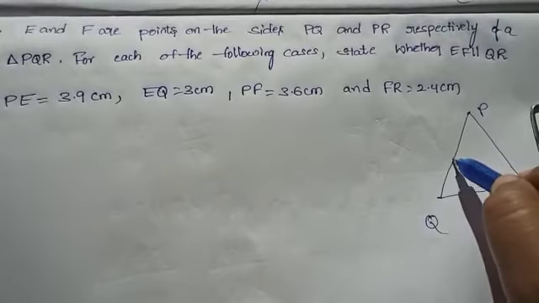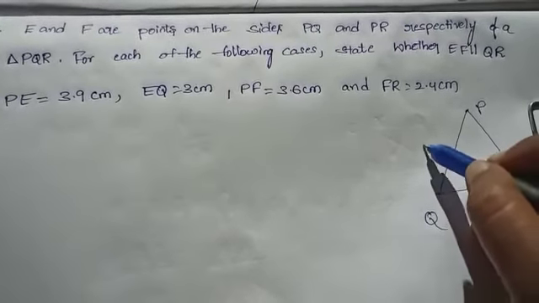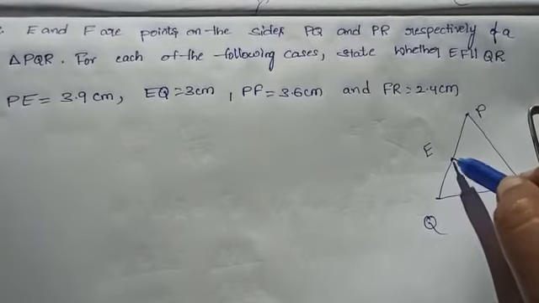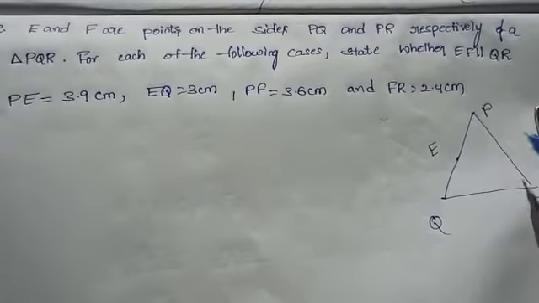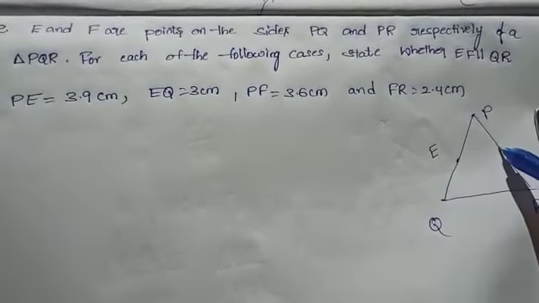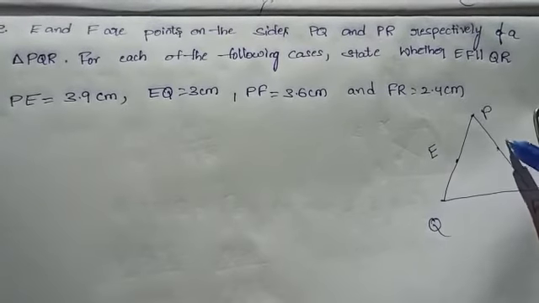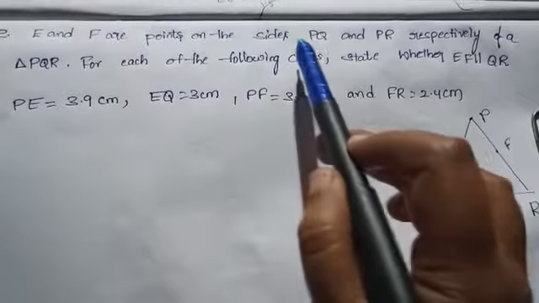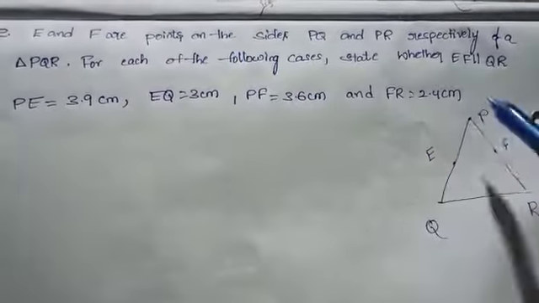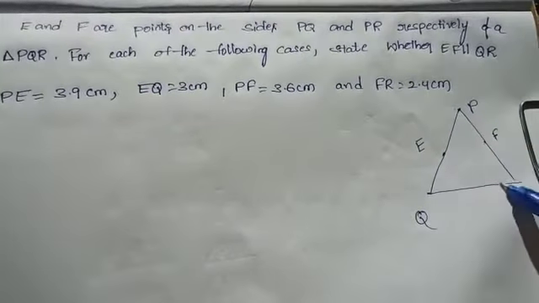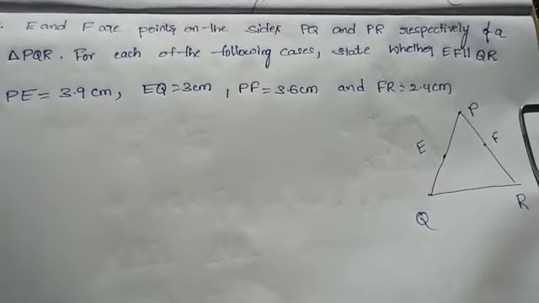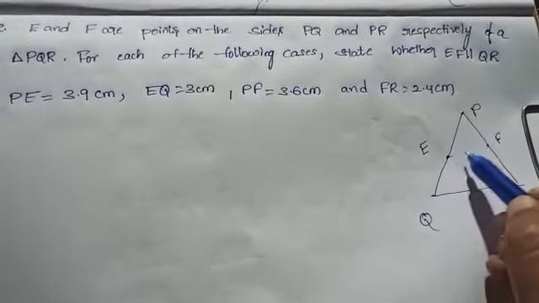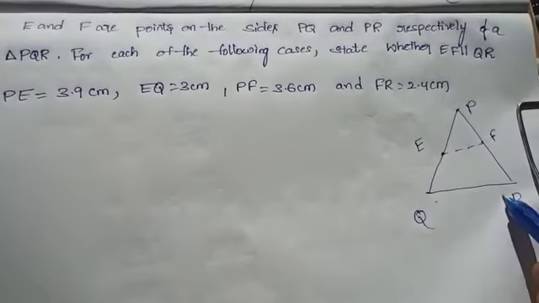Suppose point E somewhere here and F. Okay. E and F are the points on the sides PQ and PR respectively. Okay. Here we have to check whether EF is parallel to QR or not.